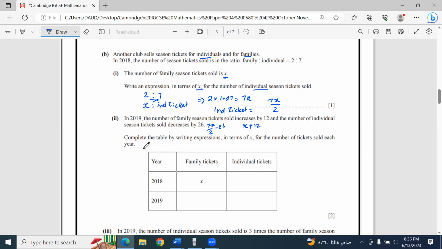So we complete the table, writing an expression in terms of x for the number of tickets sold each year. In 2018, family tickets are x and individual tickets are 7x over 2. In 2019, family tickets increased by 12, so x plus 12, and individual tickets decreased by 26, so 7x over 2 minus 26.